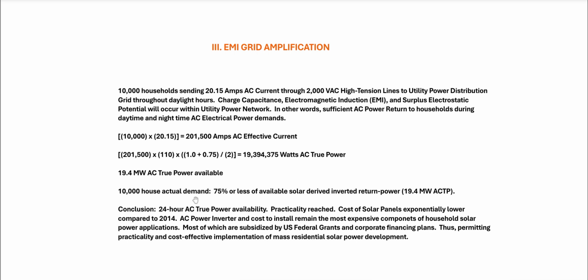But when you combine all the solar panels into a central EMI grid, there then becomes a charge amplification. It's sort of like drawing a few PSI out of the tire, but then you have 40 PSI of charge in that tire. So the electrical version of an accumulator is a capacitor.